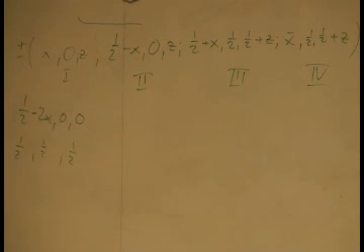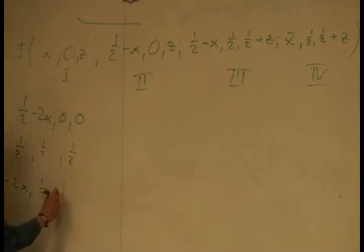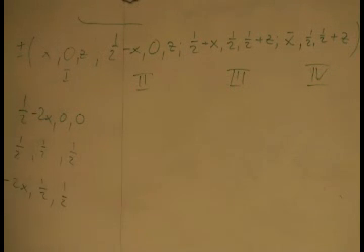No x's in there, no y's, no z's. Nate. Minus 2x. 1/2. All right. Adam.